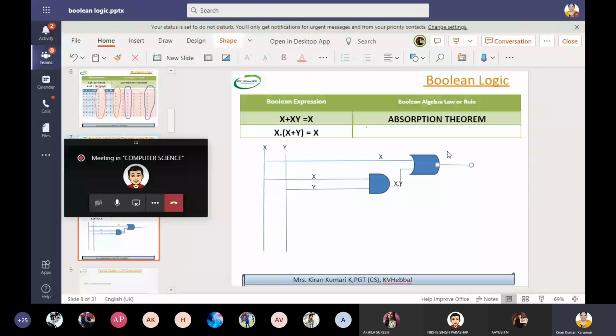What is this, children? X plus XY. Got it? X plus XY.